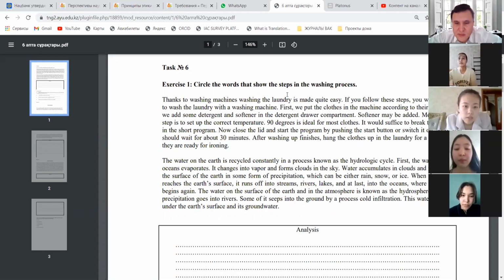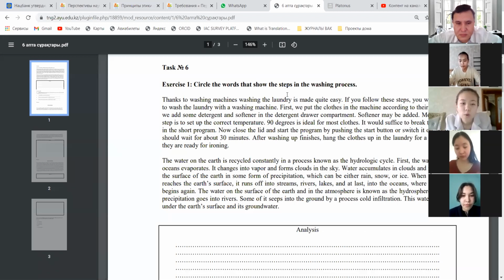When the water reaches the Earth's surface, it runs off into streams, rivers, lakes, and finally into the ocean, where the cycle begins again. The water on the surface of the Earth and the atmosphere is known as the hydrosphere.